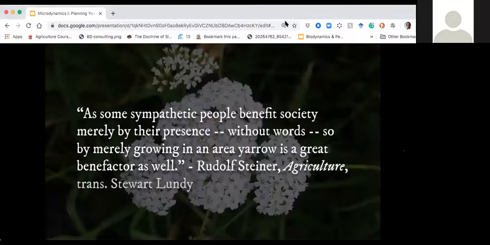And this gets to Steiner's hint at the same idea that these neighboring plants help integrate with the layout of your entire garden. What Steiner says here is, as some sympathetic people benefit society merely by their presence, without words, by merely growing in an area, yarrow is a great benefactor as well. A lot of their dandelion, which everyone should be a big fan of these days, has many wonderful uses.